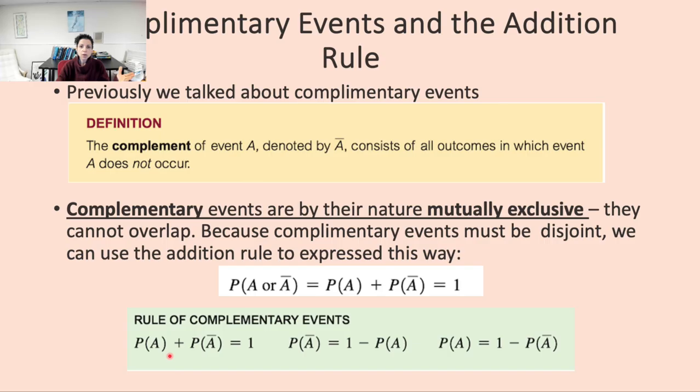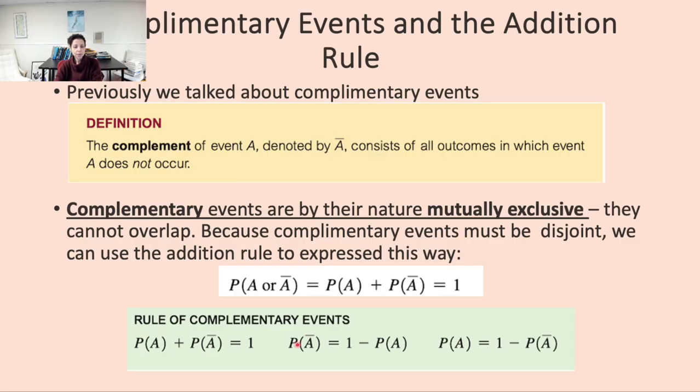If we know the probability of, let's say you're having a baby, it's either going to be a boy or a girl. So the probability of having a girl is P(A), and the probability of not having a girl is the complement. If we know the probability of having a girl, then we can solve for the probability of not having a girl, or having a boy.